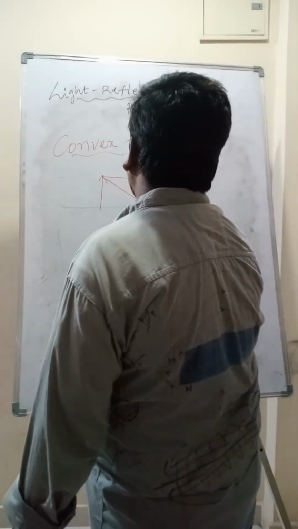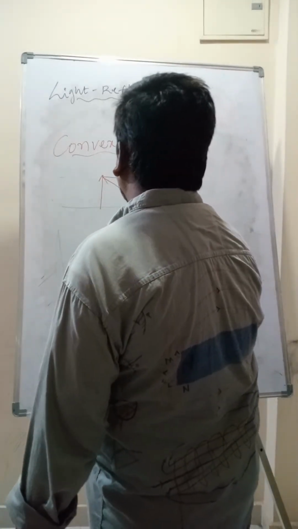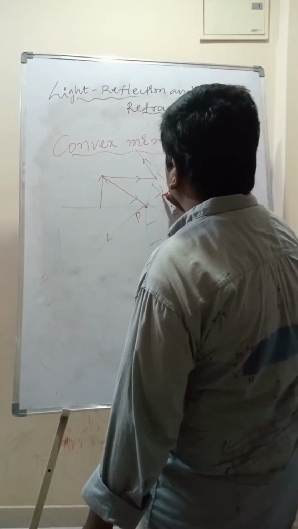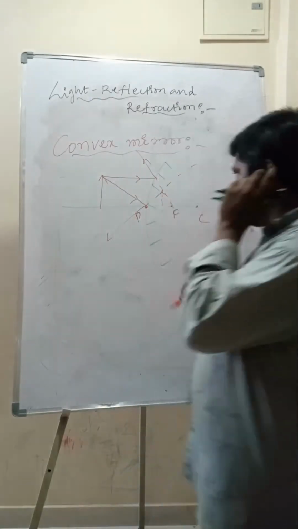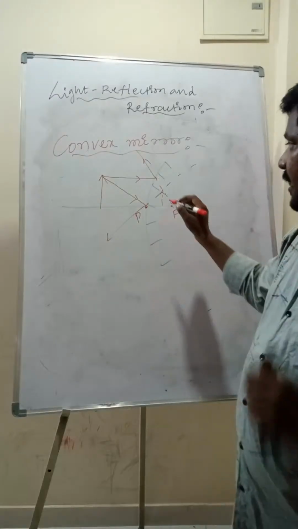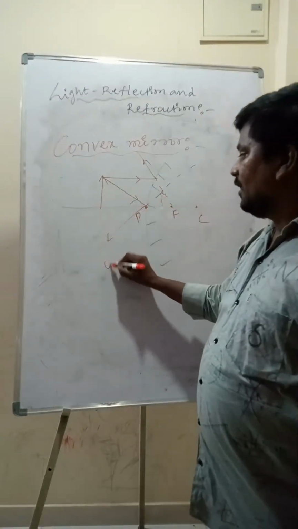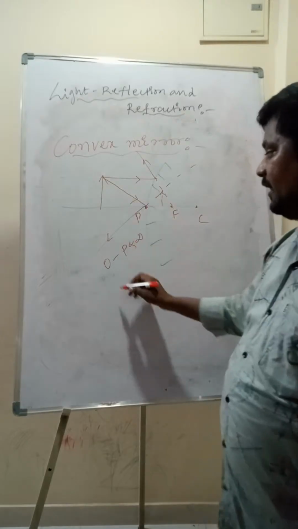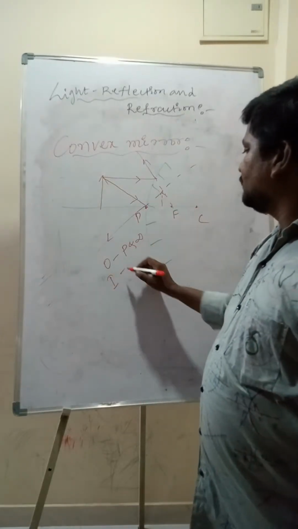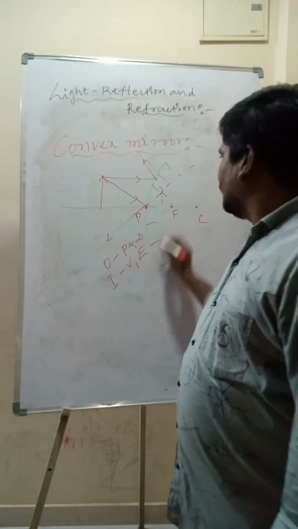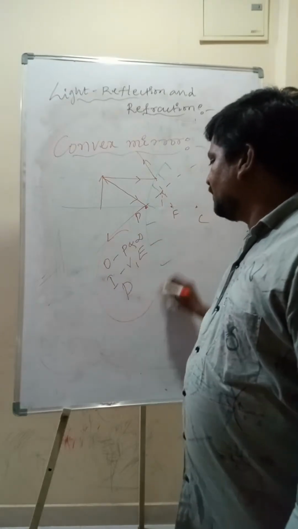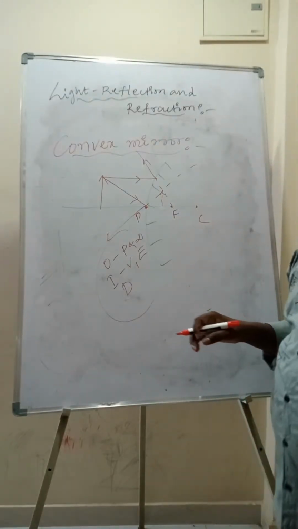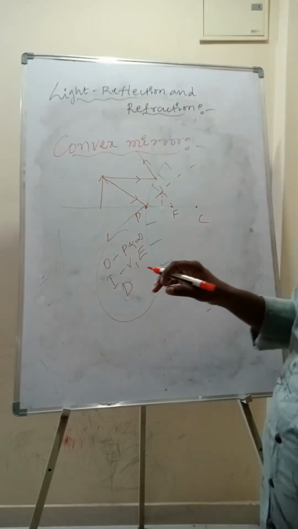Another light ray is incident and reflected. If we extend these, the image will form here, between P and F. Nature of the image is virtual, erect, and diminished. So this is about image formations of concave and convex mirrors.